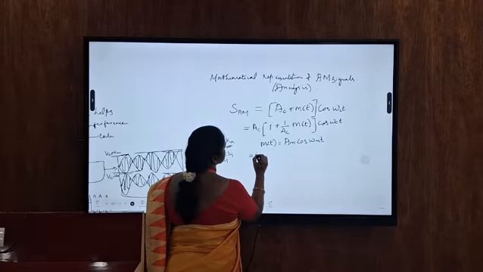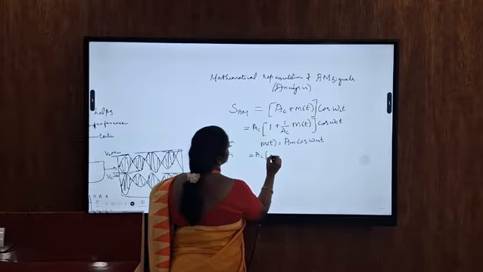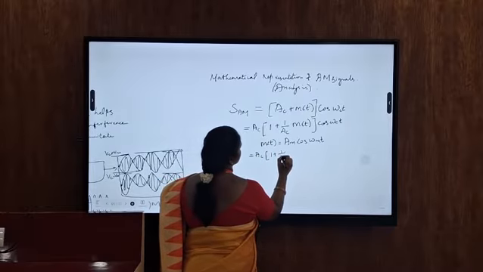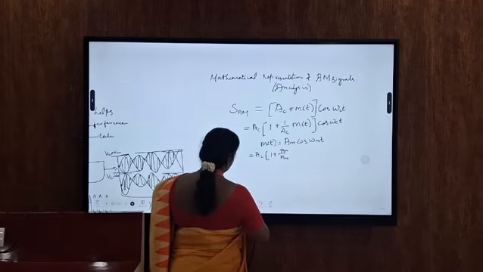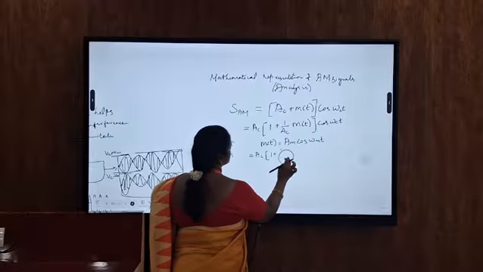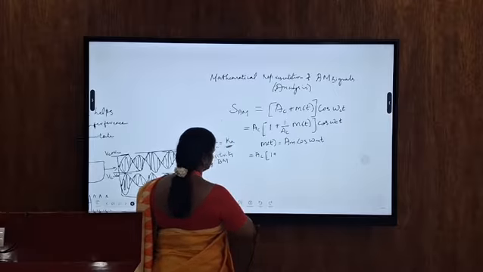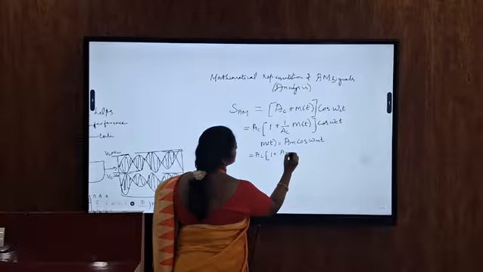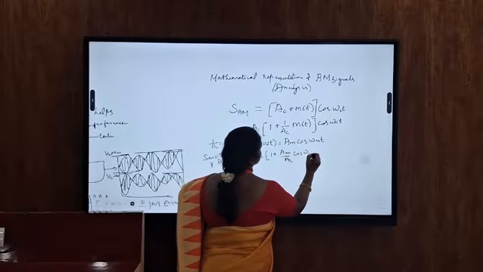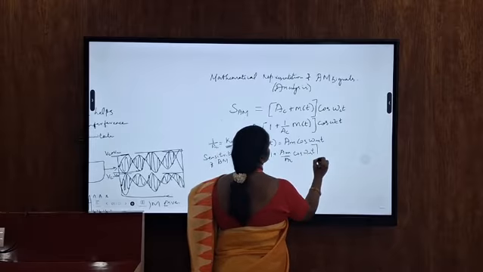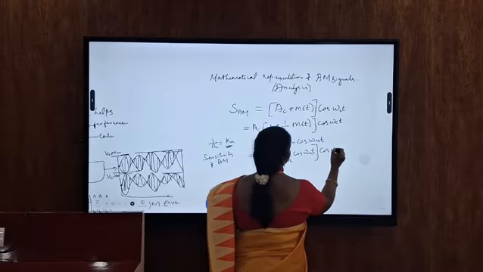So when we substitute this, we get 1 plus Am by Ac into cos omega m t, into cos omega c t.